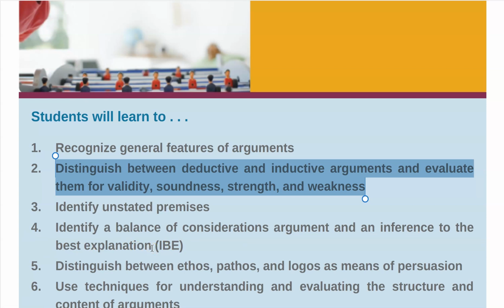Some philosophers and critical thinking textbooks refer to this as abductive reasoning. It's probably the most common sort of reasoning that we use just in day-to-day life. So we are going to take a moment to look at that. Mostly, though, we're just going to be focusing on deductive and inductive arguments.